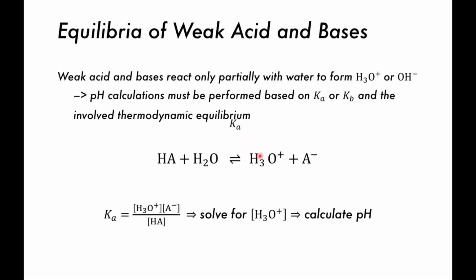So with Ka, we can then form this relationship where Ka is equal to hydronium ion concentration times the conjugate base concentration over the HA concentration. And then we can use this to solve for the hydronium ion concentration and then calculate pH.